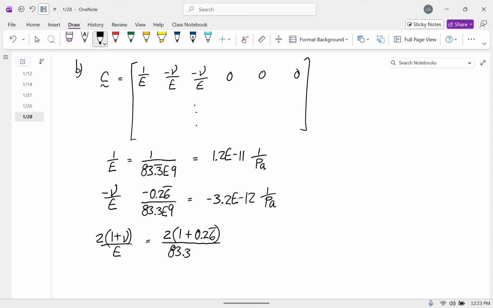The 83.3s are all repeating, by the way, times 10 to the 9. And that one gives you positive 3.05 times 10 to the minus 11, 1 over pascals.